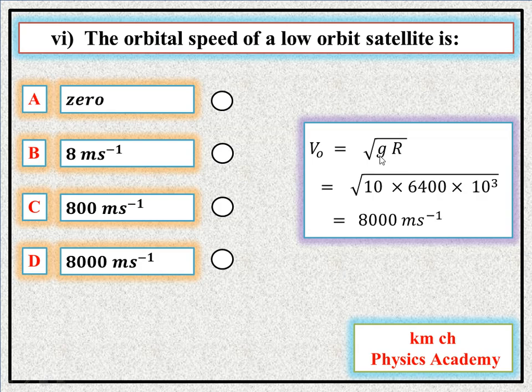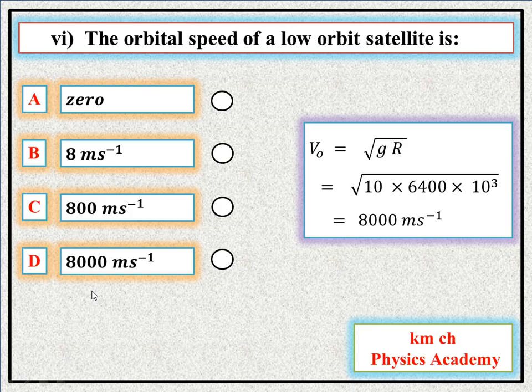So putting values in this equation, g is equal to 10 and r is equal to 6400 kilometer. So it will become 6400 into 10 to the power 3 meter. So taking square root, we will get 8000 meter per second. So our option D is correct.